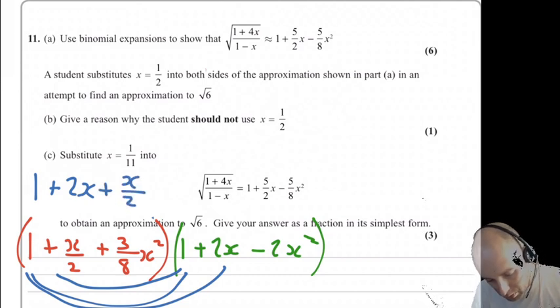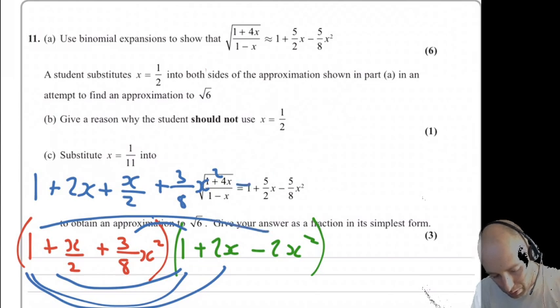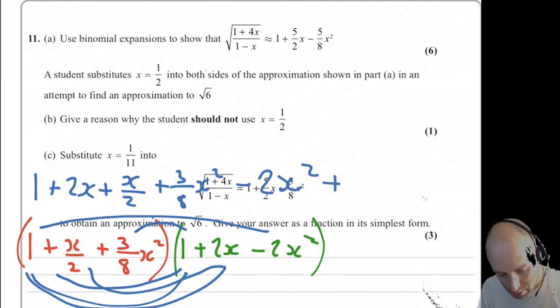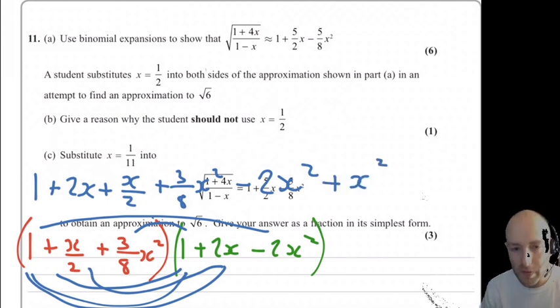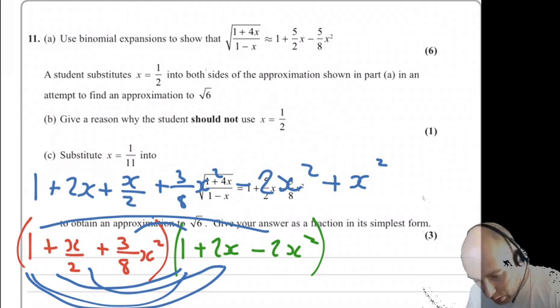Now let's do this one, plus 3 over 8 x squared. Let's do that one, minus 2x squared. And then we're going to times the two x's together, plus x squared. Cool. Nothing else will work. Anything else you do will give you an x cubed term or an x to the 4 term. So this becomes 1.